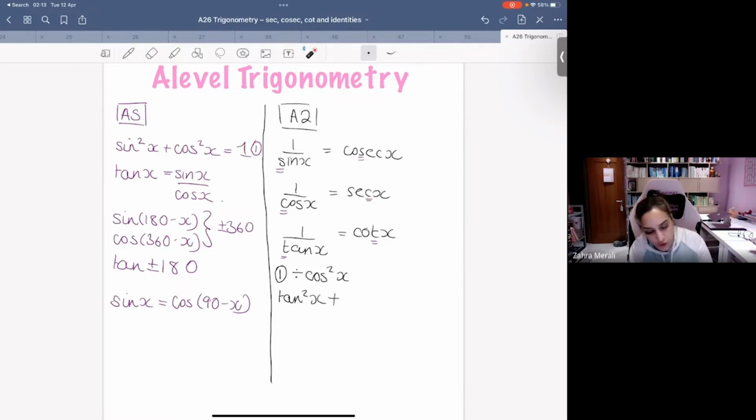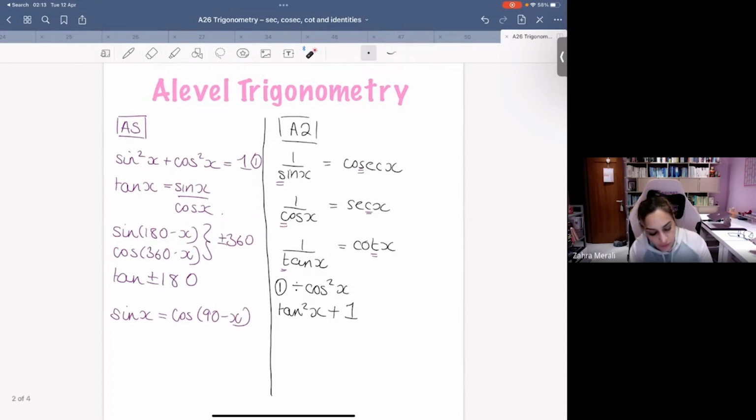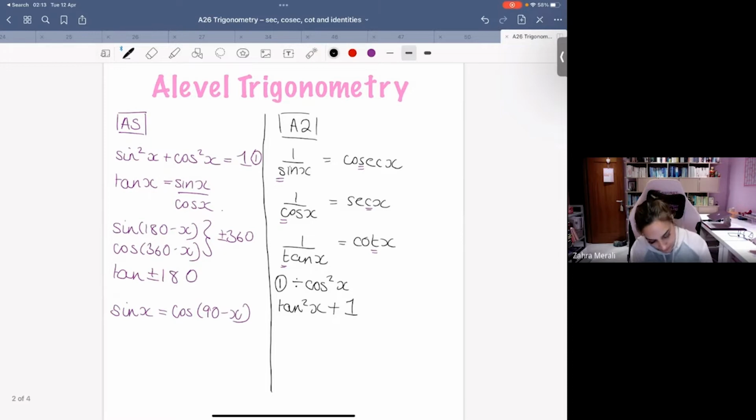You've got cos squared divided by cos squared, which gives you 1. And then you've got 1 divided by cos squared, which gives you sec squared. A way that you might remember this is 1 who is tanned is sexy.